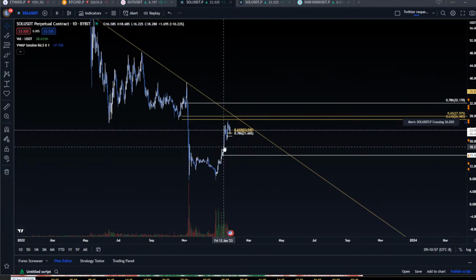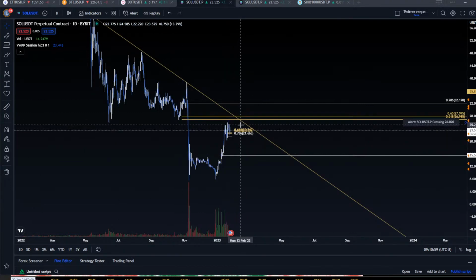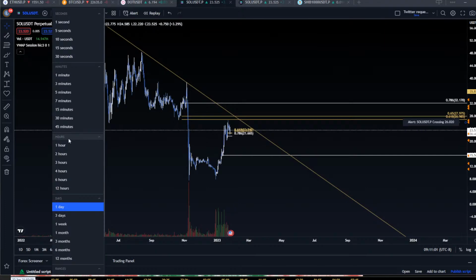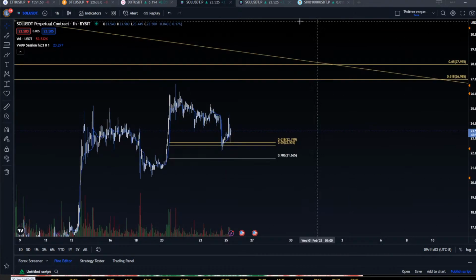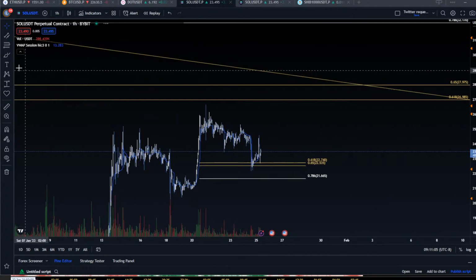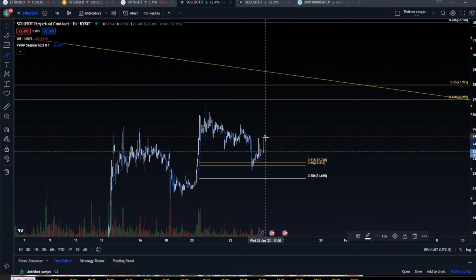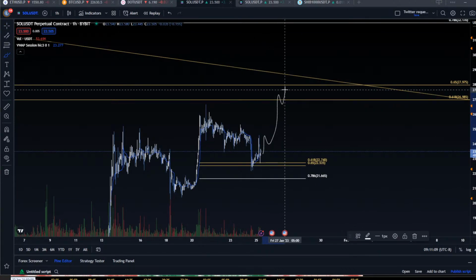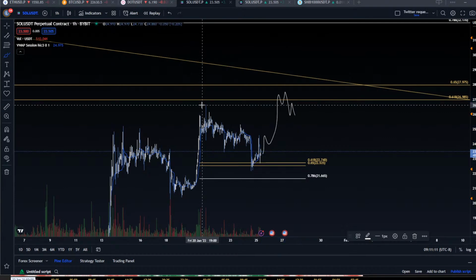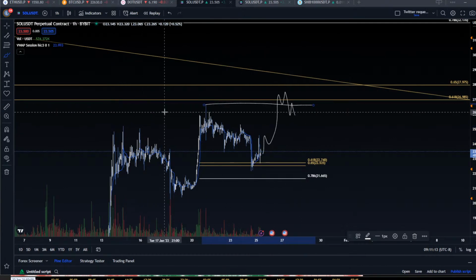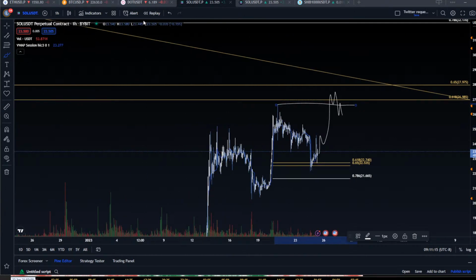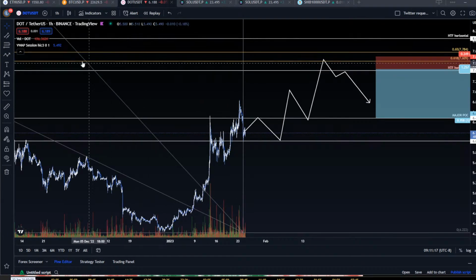Now, if you were looking at this level down here, the setup might not be as clear, but if you come to a lower time frame, well, because we front ran this level, you probably have really tight invalidation if you get a rejection here to short a swing failure of this high into the key level. So we might get something like that on DOT.